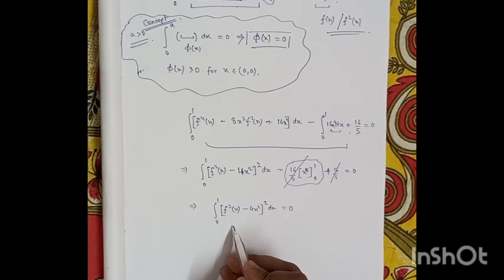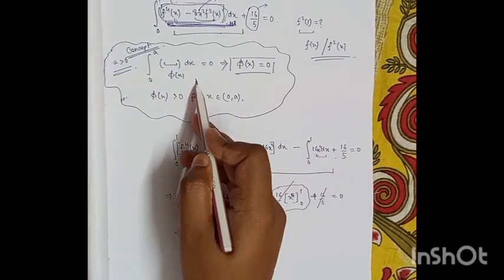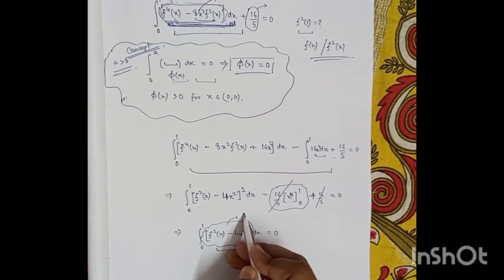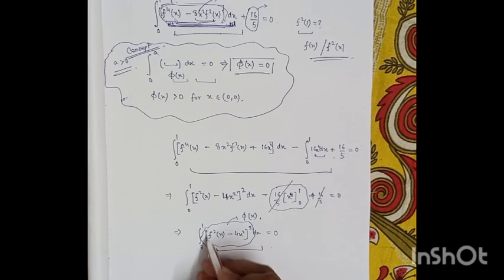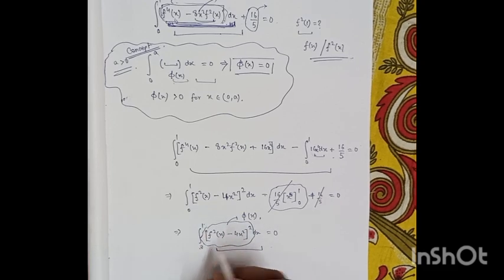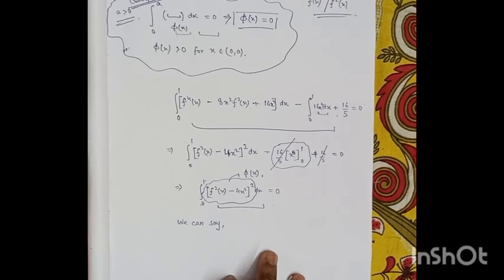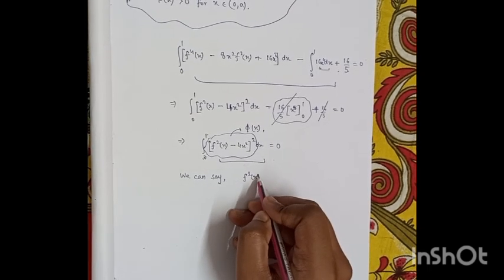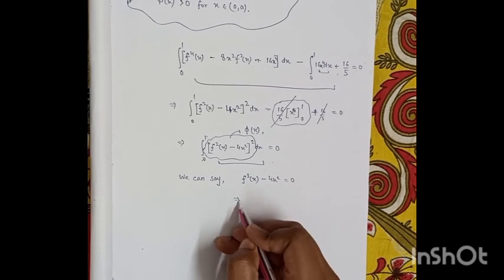So we can match this expression with the earlier one, this is our φ(x), and this is always positive for this interval 0 to 1. So we can say that f²(x) minus 4x² is equal to 0.